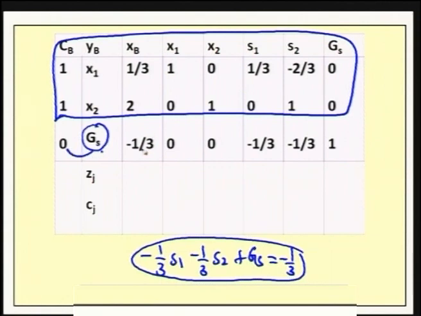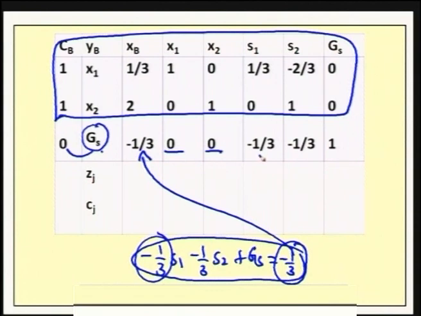Now, the xb value, which is the right hand side of this Gomory constraint, is minus 1 by 3, which we will rewrite here as minus 1 by 3. In the Gomory constraint, the coefficient of x1 is 0 and x2 is 0. Therefore, here we have 0, here we have 0, and the coefficient of s1 is minus 1 by 3, and the coefficient of s2 is minus 1 by 3.